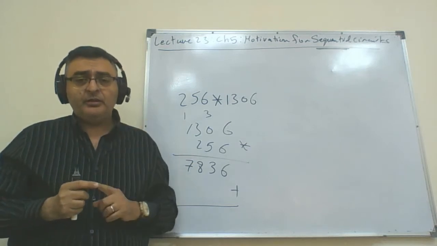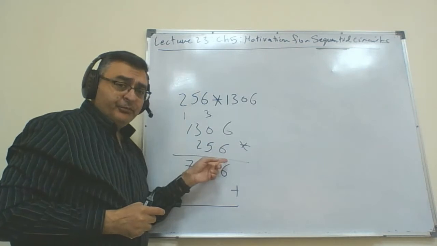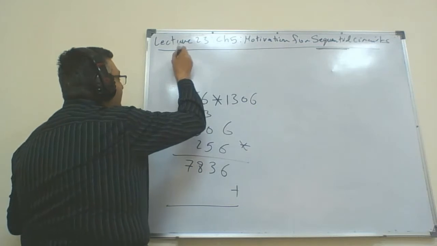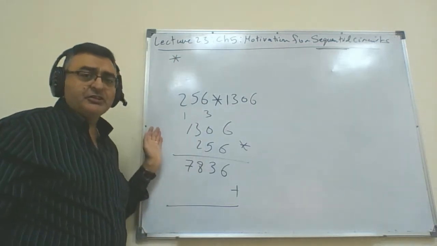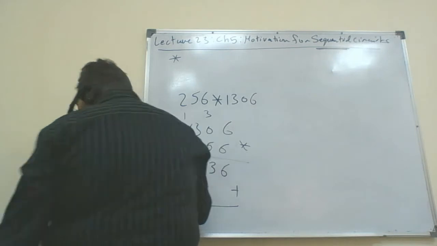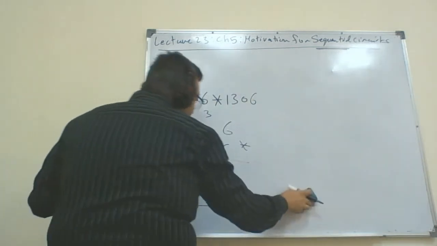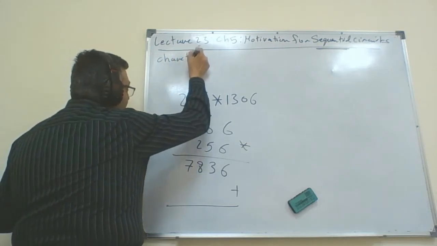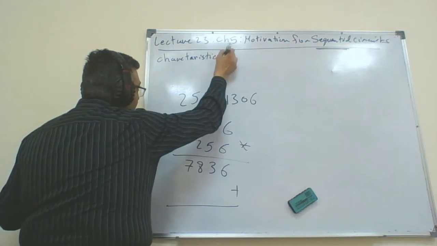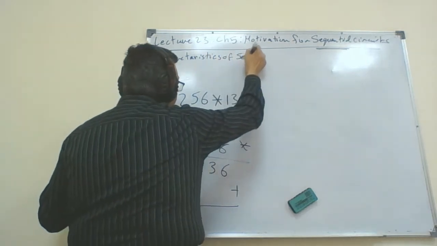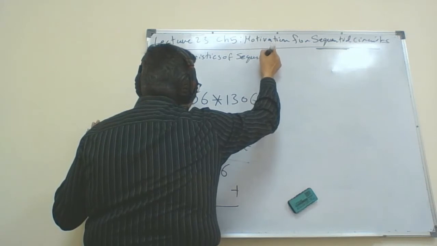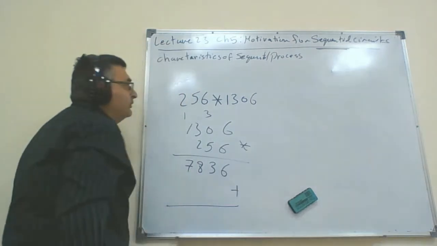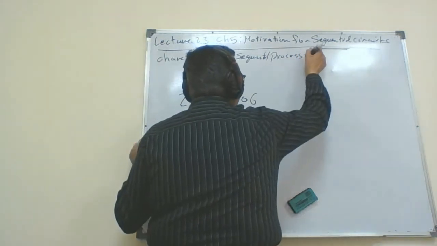This is one thing. The other thing is that I need to have a memory. The first characteristic, let's write here the characteristics of sequential processing or sequential circuits.